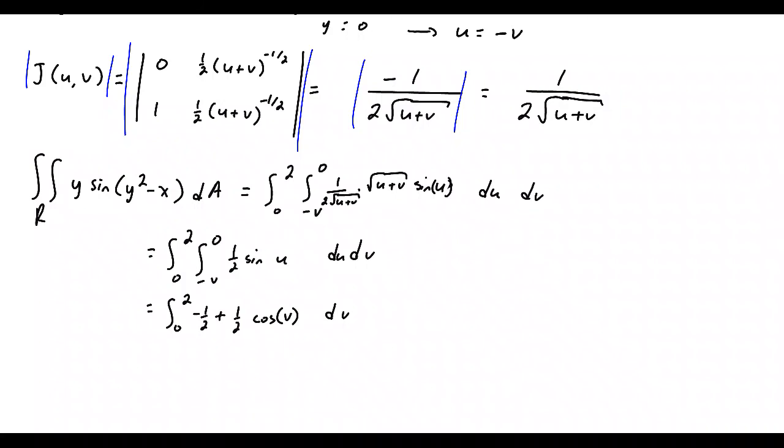Now in reality, it's actually a cosine of negative v, but because cosine is an even function, symmetric about the y-axis, we can trade that out for just a cosine of v. And then we can evaluate this from 0 to 2 after we find the antiderivative, and that will be 1/2 sine of 2, minus 1.